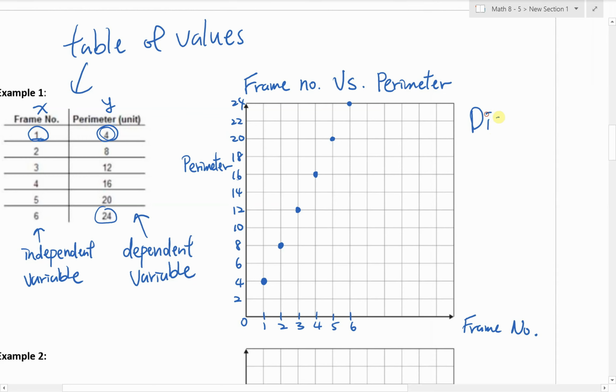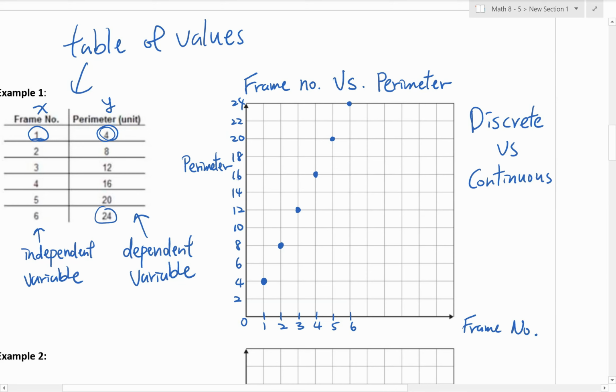Okay, discrete versus continuous. In this case, our data is discrete. Our table value is discrete because for the frame number, we can't have 1.5 frames. We cannot have 1.321 frames. We can only have whole numbers of frames, right?